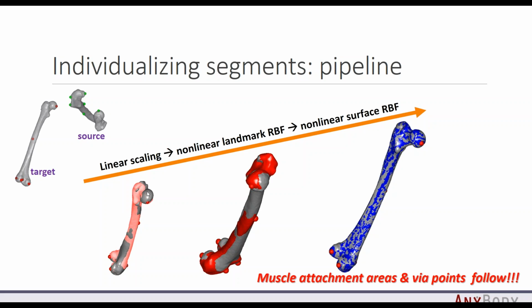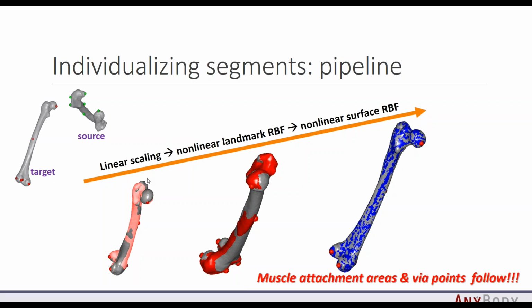It already looks quite good because the linear transformation worked quite well, but what you can see is that the greater trochanter has a rather large error. I think that can be up to 3, 4, 5 centimeters. And that's a rather large error for the muscle moment arms, because there are several muscles that connect to the greater trochanter area.